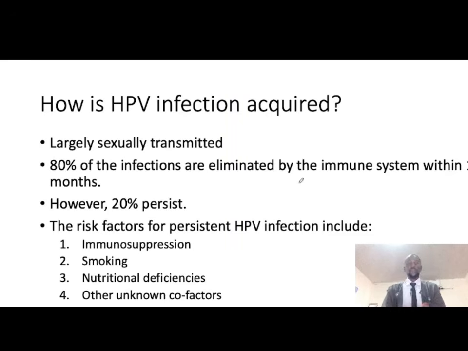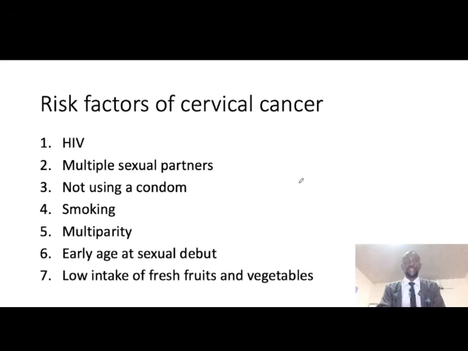Remember that when you are malnourished, almost all the arms of immunity are decreased, and that will predispose you to persistent HPV infection, because you fail to clear it. And other unknown cofactors increase the risk of developing CIN and cervical cancer.